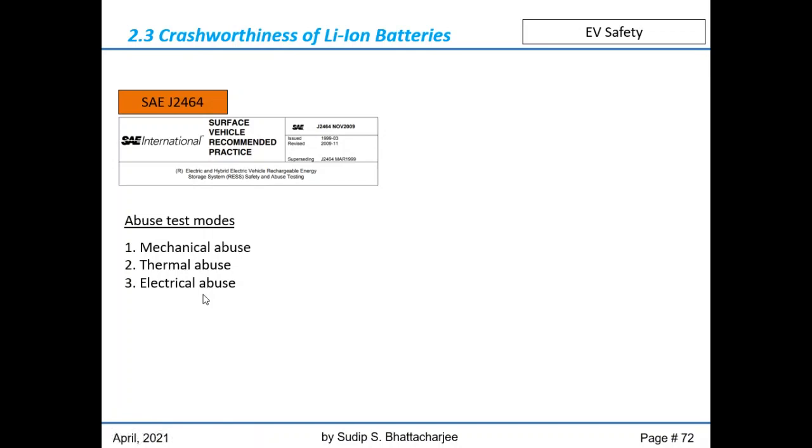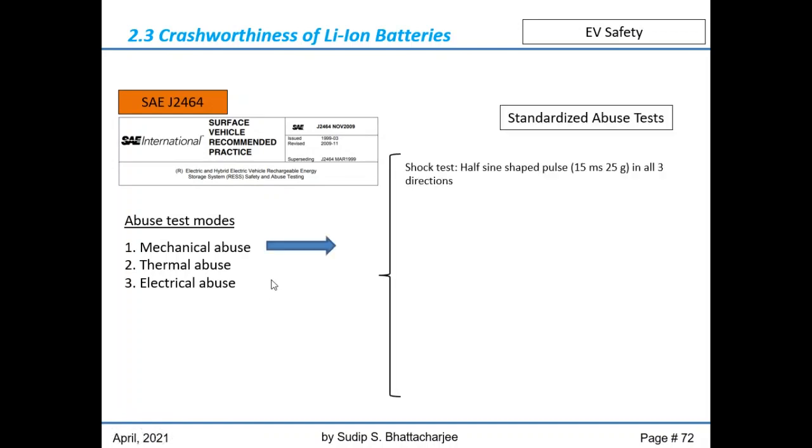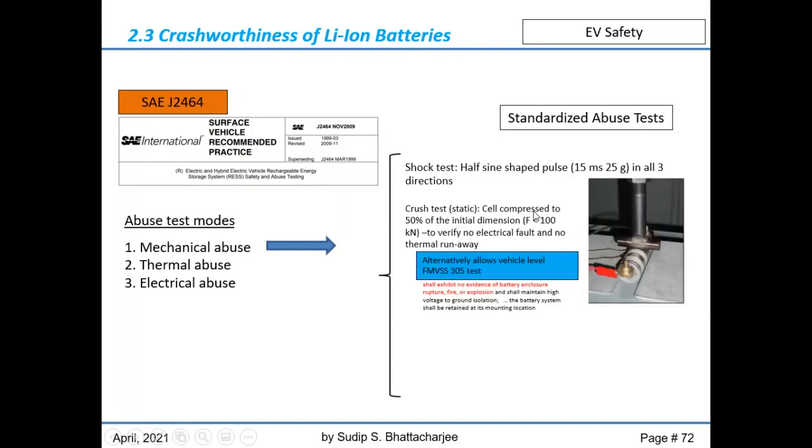These are very important, I'm not saying they are not, but I am going to only focus on the structural part, the mechanical abuse tests. This standard defines a shock test, a 15 millisecond pulse of 25 G. You apply it to the battery system and measure some performance. Then it goes to the crush test, a static crush test.